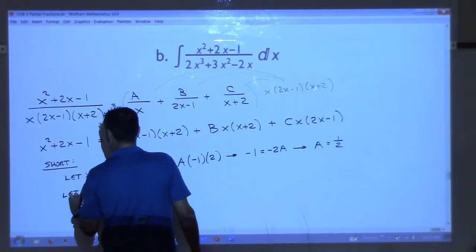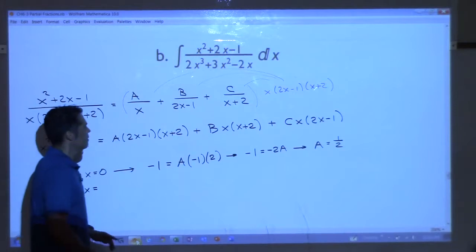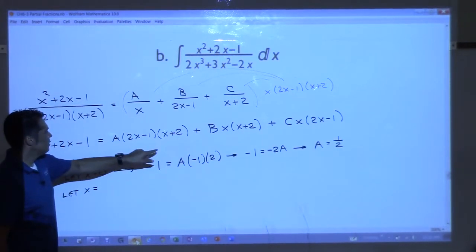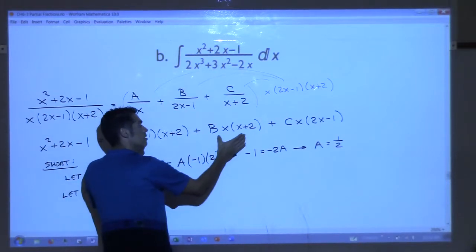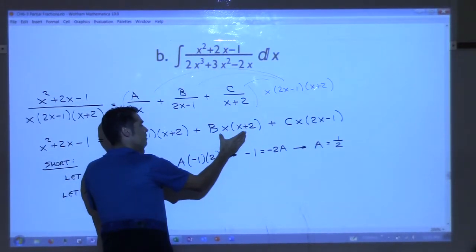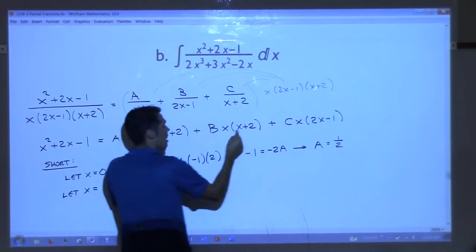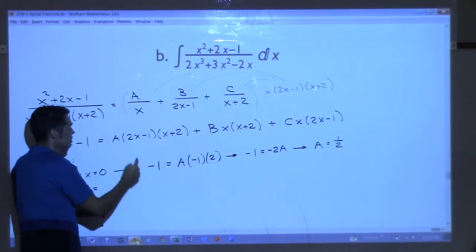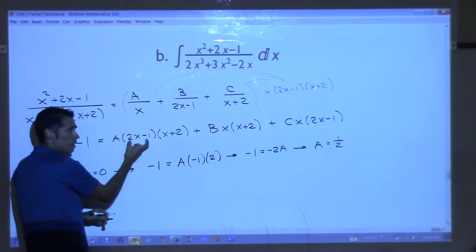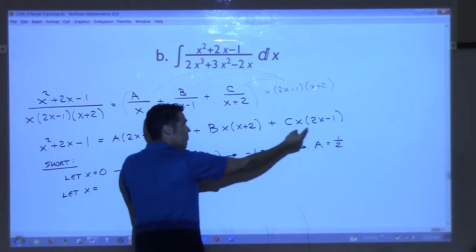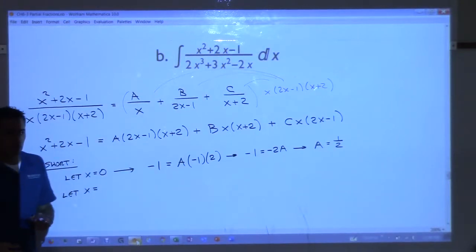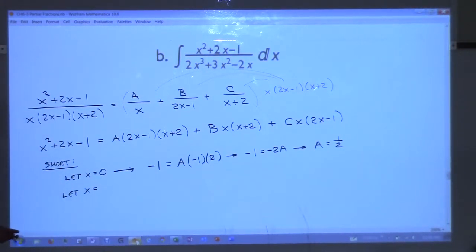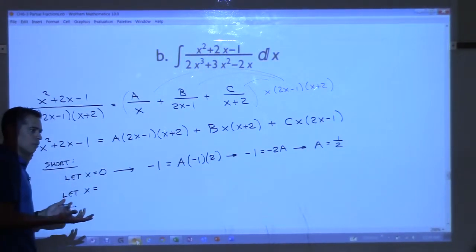If we want to preserve this, is there a factor in both of these that's not in this one? This factor, 2x minus 1, is in both of those but not here, right? So make 2x minus 1 zero. So just let x be a half. That would work.